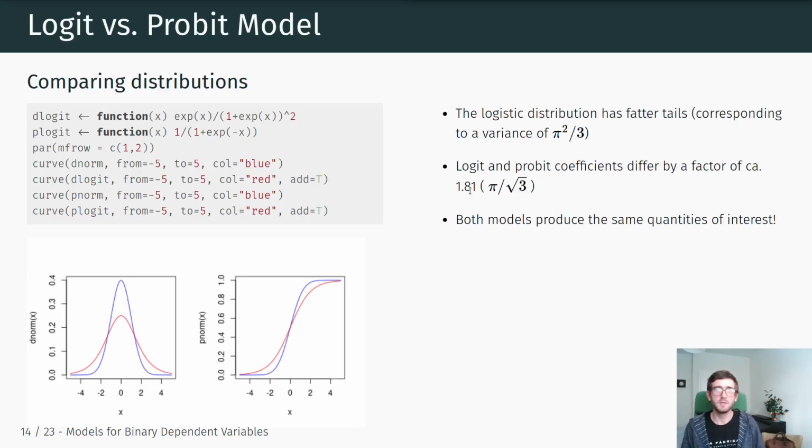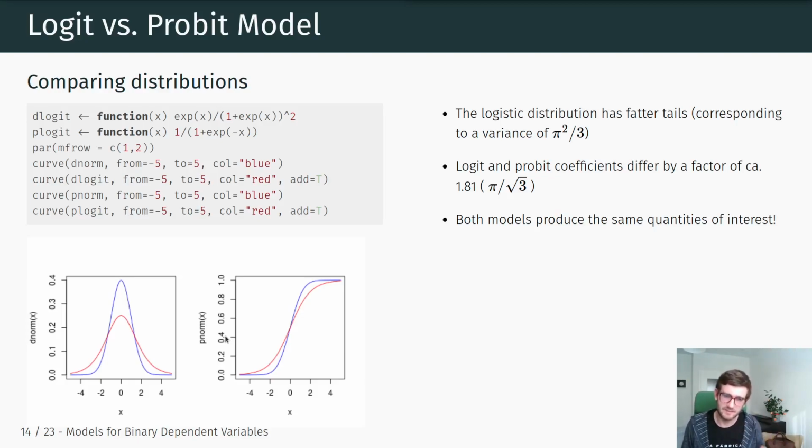The key point to keep in mind is that whether or not you use a Logit or a Probit, both models ultimately produce the same quantities of interest, right? These are just differences in the coefficients, which is again the systematic component, the betas that are then combined with our predictors. But the underlying probabilities that we're ultimately modeling, the success probability, the probability of observing a 1 rather than a 0, those quantities of interest are the same, right?